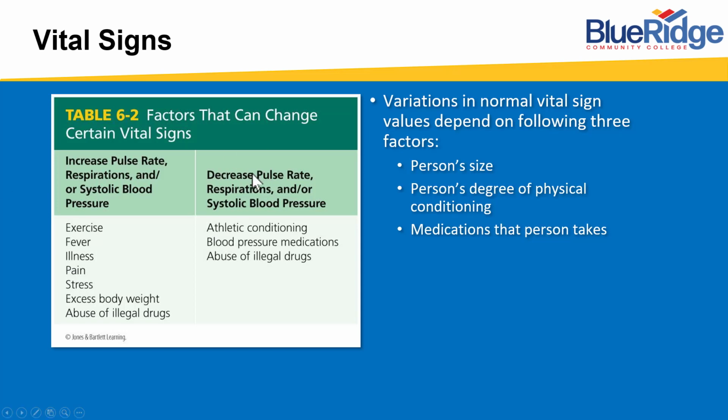And decreased pulse rate, respirations, and/or systolic blood pressure: athletic conditioning, blood pressure medications, or abuse of illegal drugs. Variations in normal vital sign values depend on three factors: a person's size, a person's degree of physical condition, and medication that the person takes.